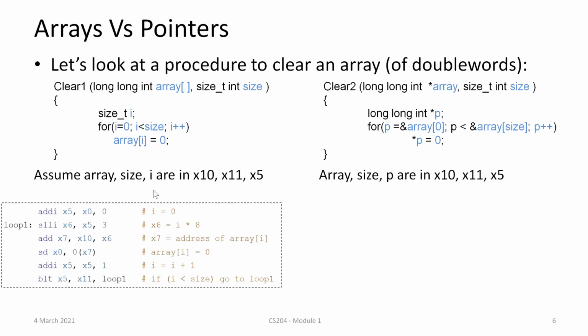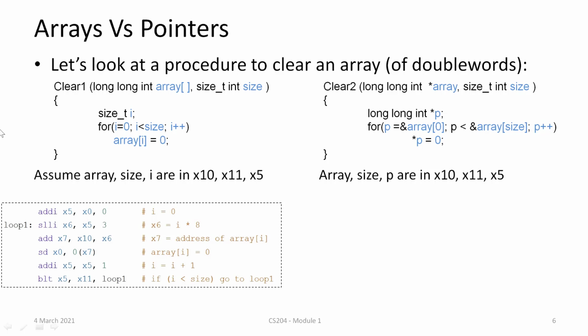So here this is how the program would look like when we are doing the pass by value, when we adopt the pass by value concept, right? So we are initializing the value of I to 0 here, x5, and following that we are shifting the value in I by 3 positions, and placing it in x6.